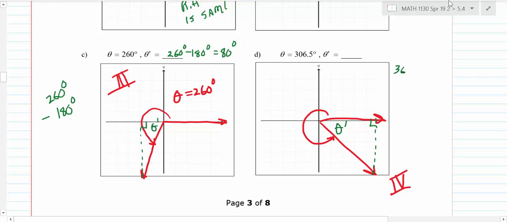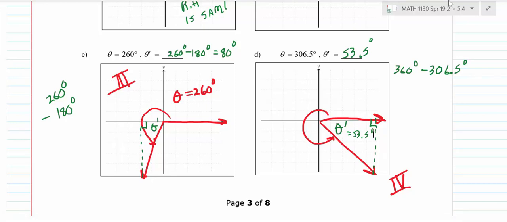So it would just be 360 minus the 306.5, would give you that leftover reference angle like that. Okay, so again, you want to figure this out as you go instead of having to memorize all these formulas. So that would be 53.5 degrees.